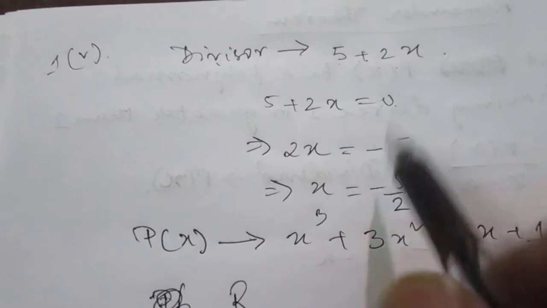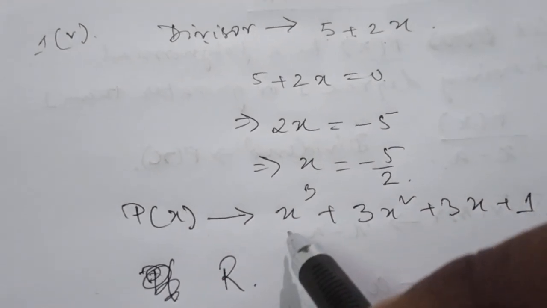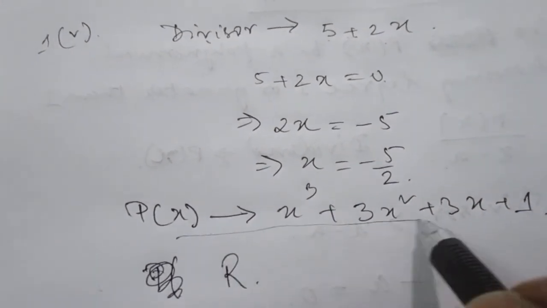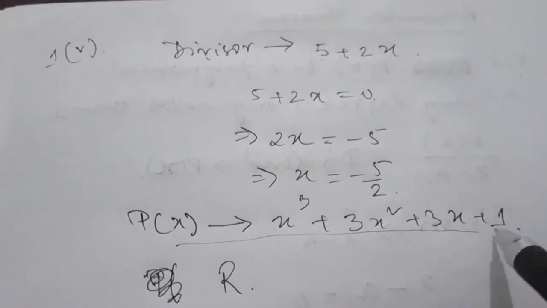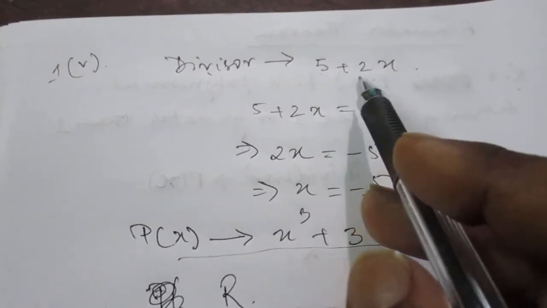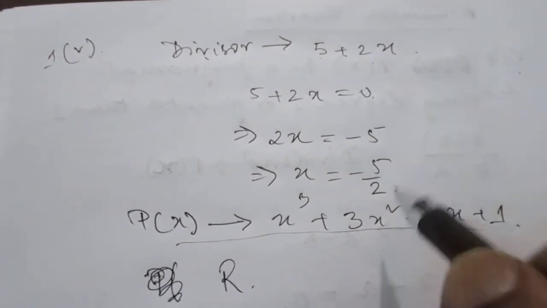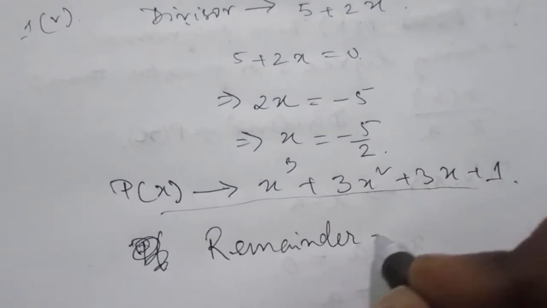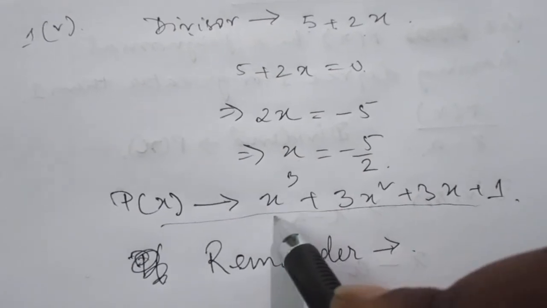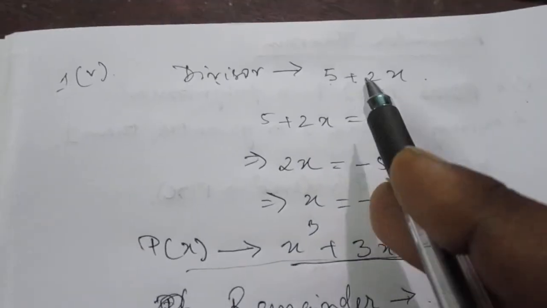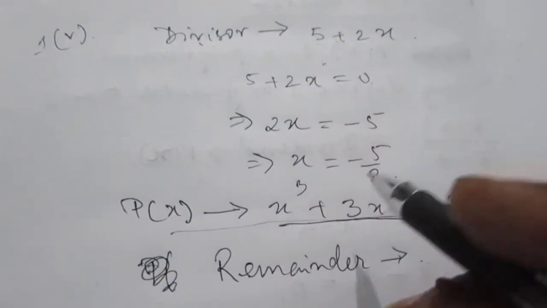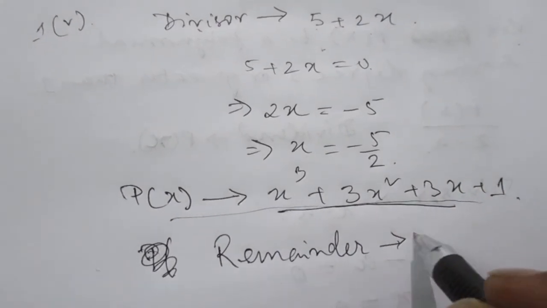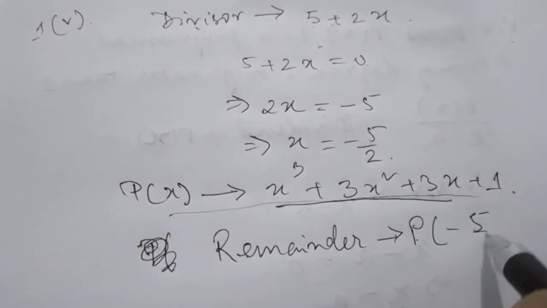Now if we divide this polynomial x cube plus 3x square plus 3x plus 1 by 5 plus 2x, then what will be the remainder? If we divide this polynomial p(x) by this divisor 5 plus 2x, then the remainder will be p(-5/2).